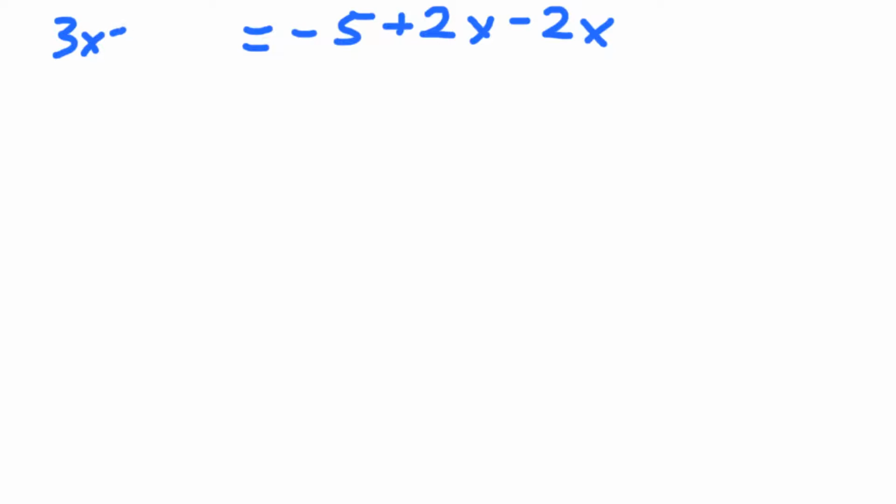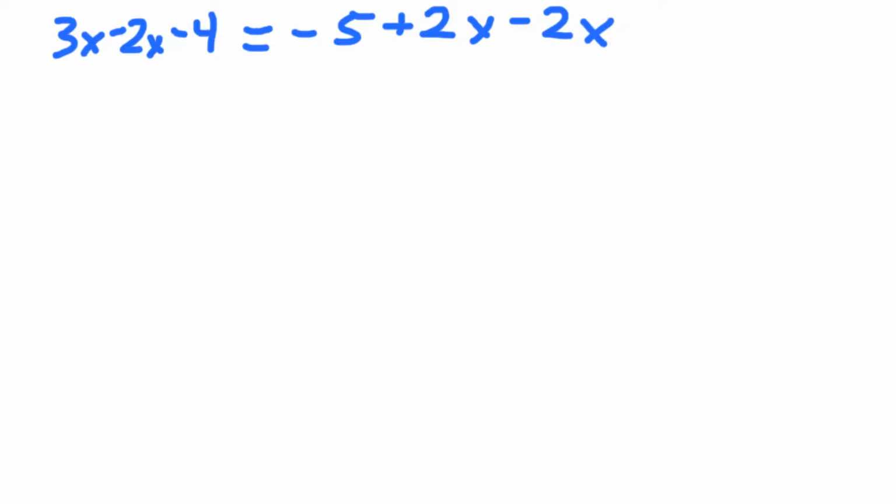That's a plus sign. If we're going to solve this, we have to decide what side we want our x's on. I guess we want our left, so we'll go over here and subtract 2x. And then on this side we'll have 3x minus 2x minus 4.